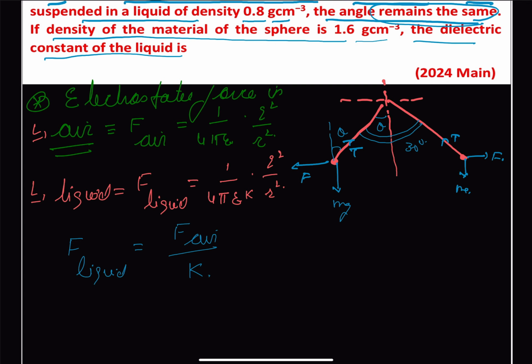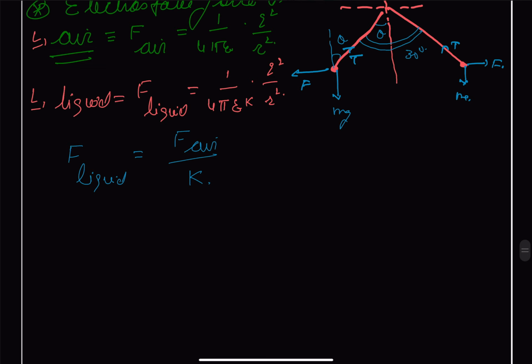Now, when the entire system is in air, the weight in the air, we call this as W air, and that will be equal to our mg.